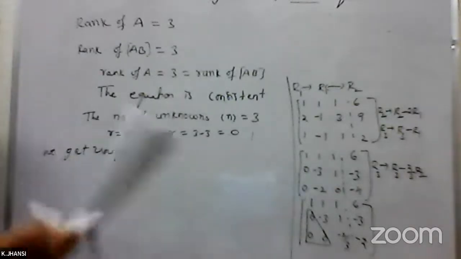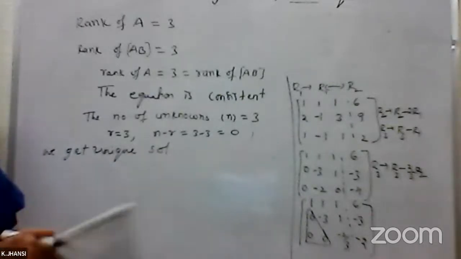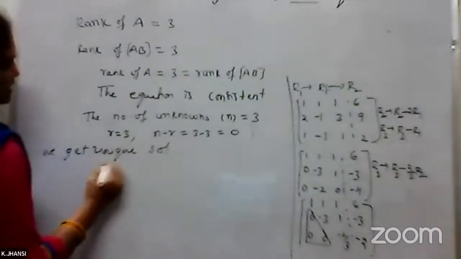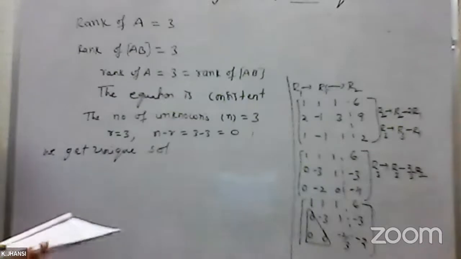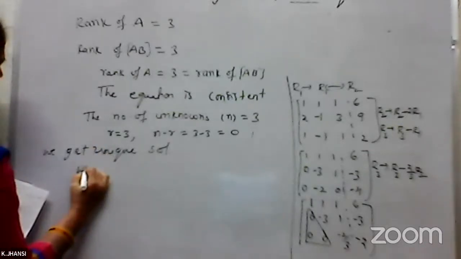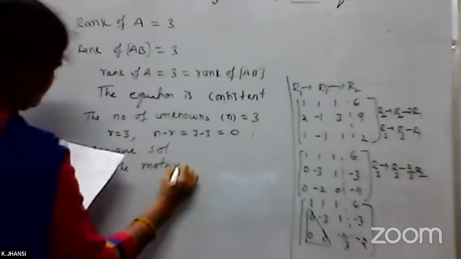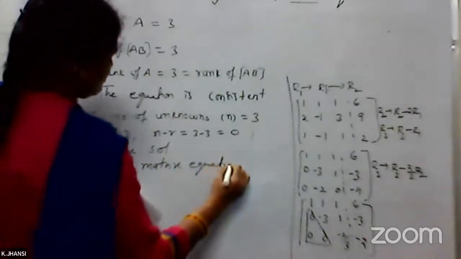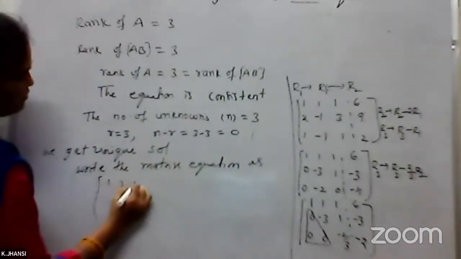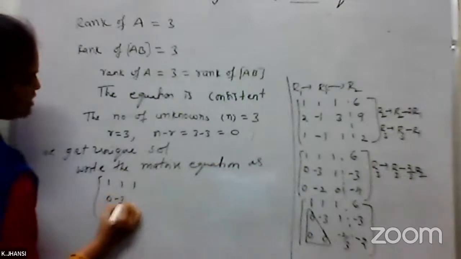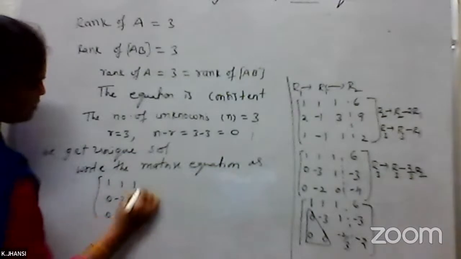We get a unique solution. Okay. So now we have to find what that unique solution is. For that we'll write the matrix as A, and you take out B and X. So write the matrix equation, now separate A, that is 1 1 1, 0 minus 3 1, 0 0 minus 2 by 3.